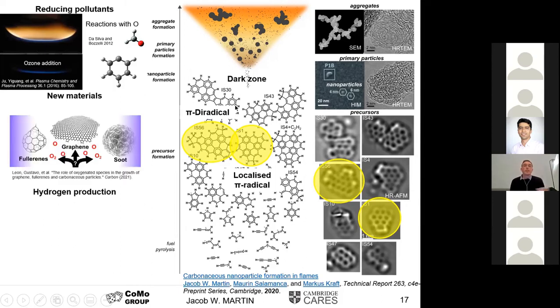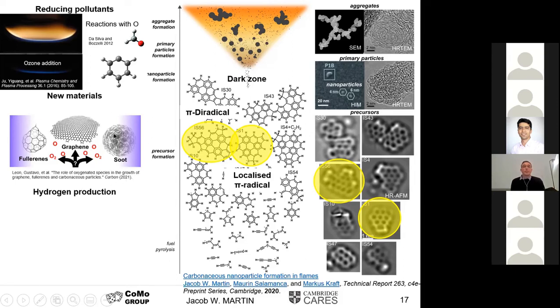The other thing that's quite interesting is if you understand how this process works, you can start to consider how we remove pentagons, for example, if we want to create graphene. And in a recent paper that Gustavo Leon did, we were able to show that this oxygen atom is actually able to etch these pentagons and allow for graphene to form in things like ethanol plasmas.